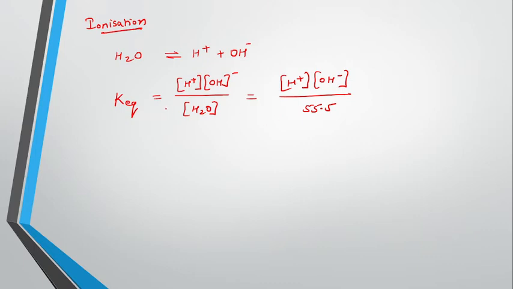Okay, so here if we multiply the equilibrium constant with the concentration of water, which is 55.5, then what we will get? Kw. Okay, so Kw is nothing but the equilibrium constant multiplied by 55.5, which is equal to H plus concentration times OH minus concentration.